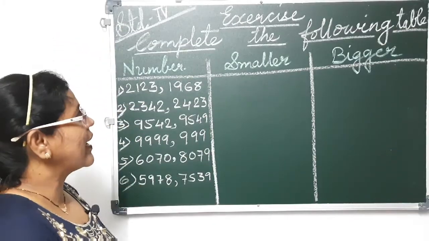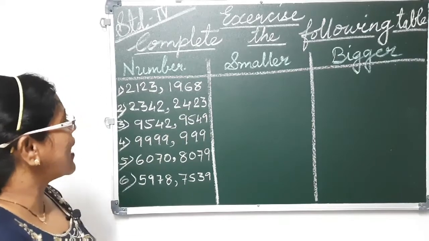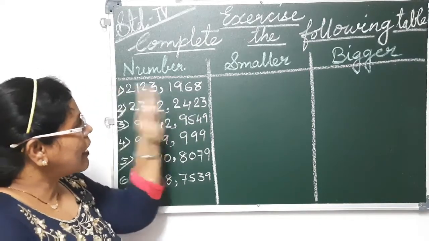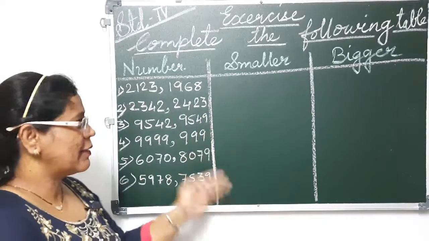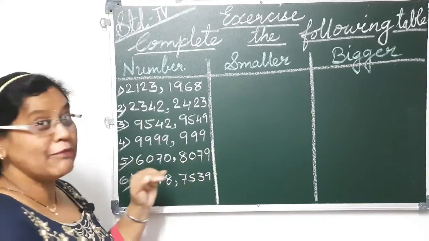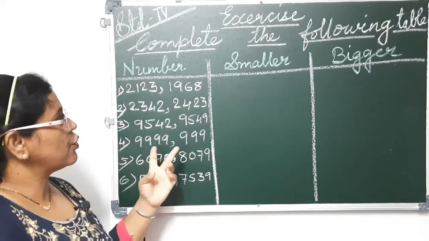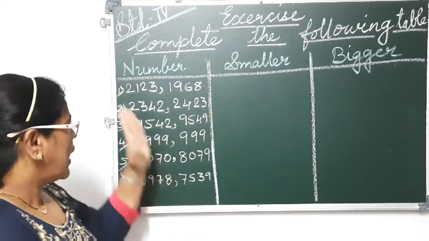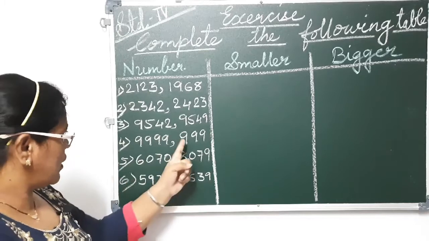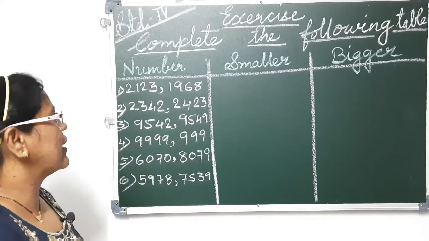Students, now we'll start with our exercise, and the exercise says to complete the following table. The table is given to you and you have to complete it. Two numbers are given to you, smaller and bigger, and all the numbers are 4-digit numbers. Here only one is a 3-digit number, we'll see that.